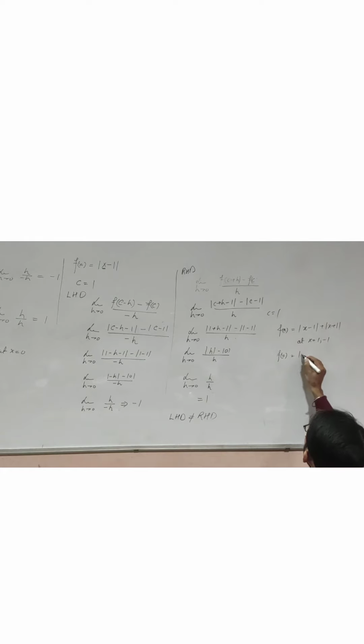One question has come, f(x) equals mod (x minus 2) plus mod (x plus 2) at x equals minus 2 and 2. They might give you f(x) equals something else in the mod or the condition, so leave them. Two questions at least you must do in the homework also.